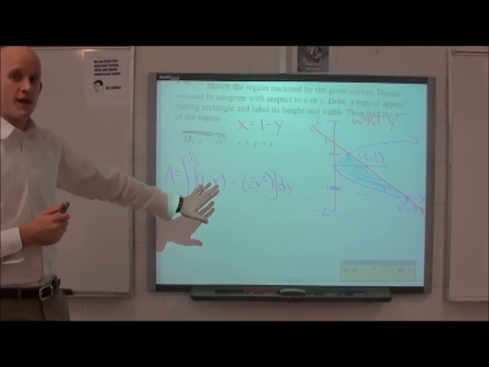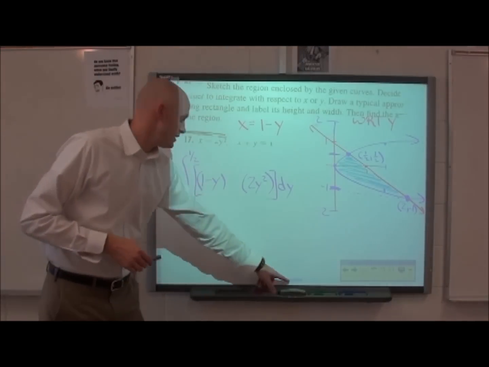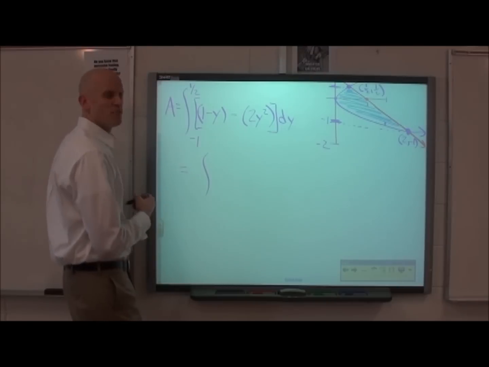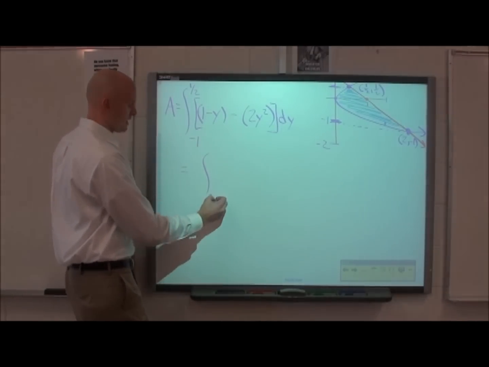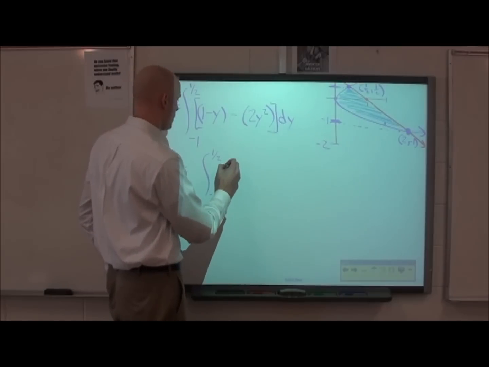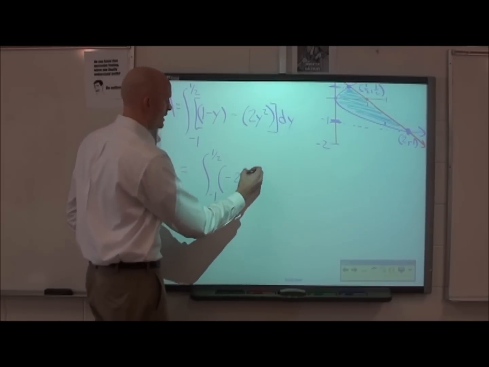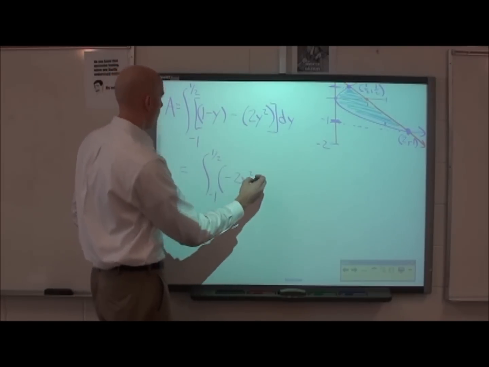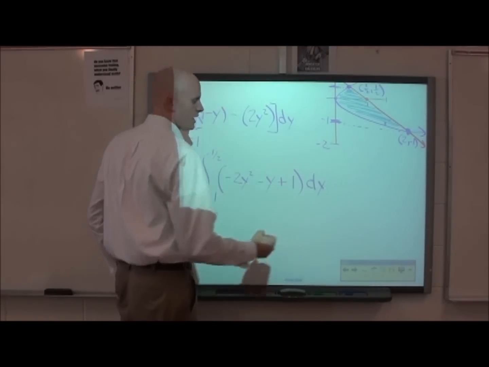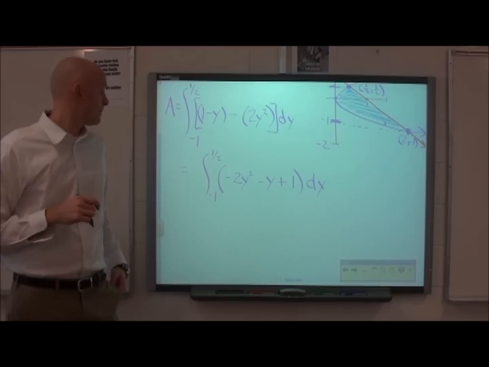Now this we can simplify easily using our knowledge of definite integrals. I'm going to simplify it inside just a little bit to make it a little easier to read. So this is a -2y squared and a -y and a +1 integrating with respect to y.